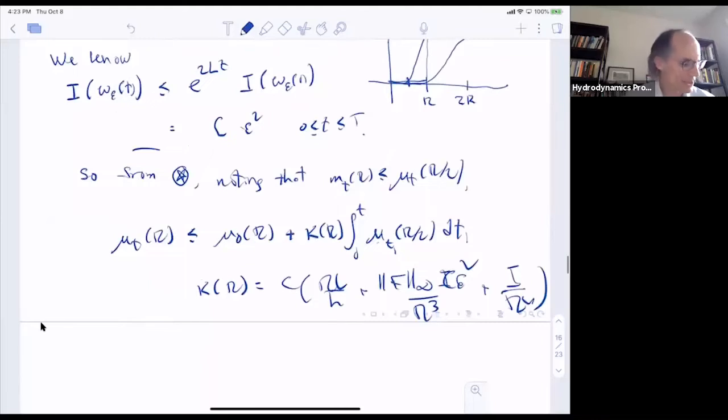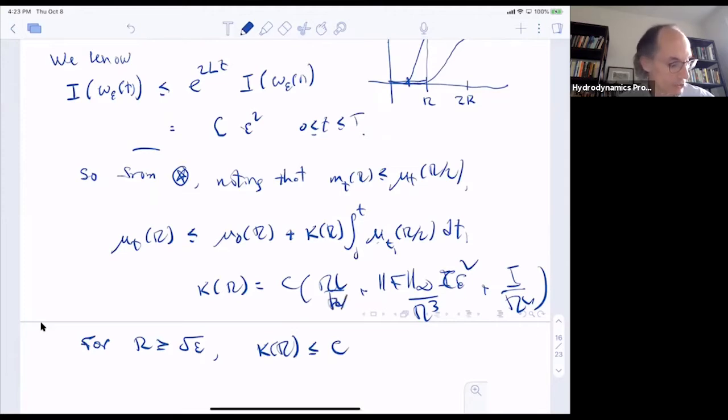Okay, so for r bigger than the square root of epsilon, some good things happen. First of all, we can say that this kappa of r is just bounded by some constant, because here h is r. This Lipschitz constant is a constant, my assumption on the L-infinity norm is also a constant.